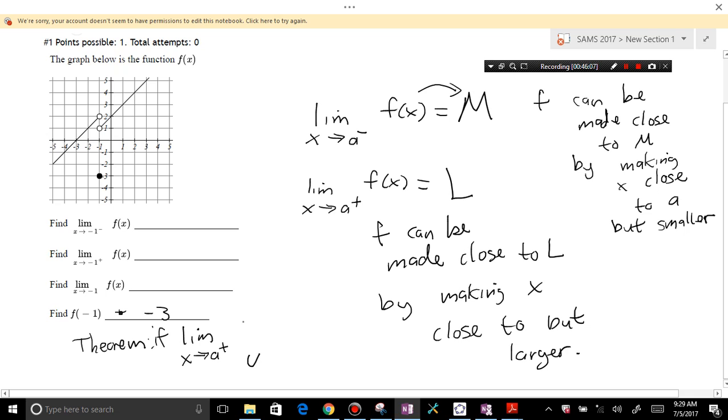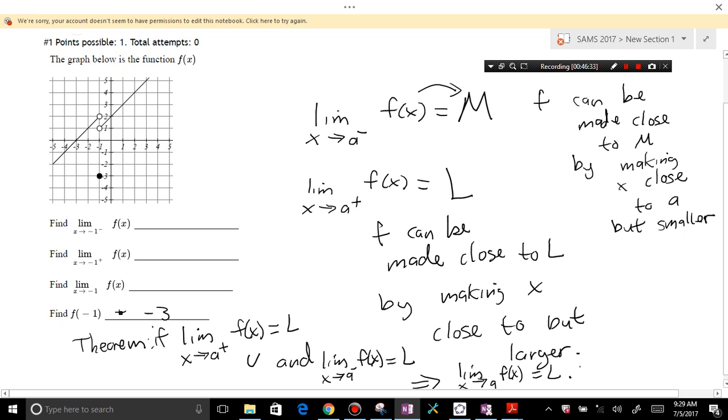If the limit as x goes to a from the right of f of x is equal to L, and the limit as x goes to a from the left of f of x is also equal to L, then the limit as x goes to a of f of x is what? It better be L.